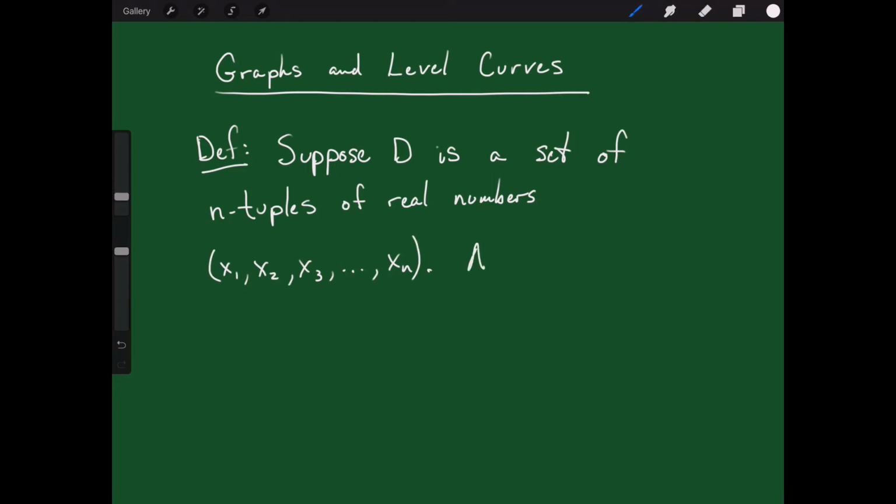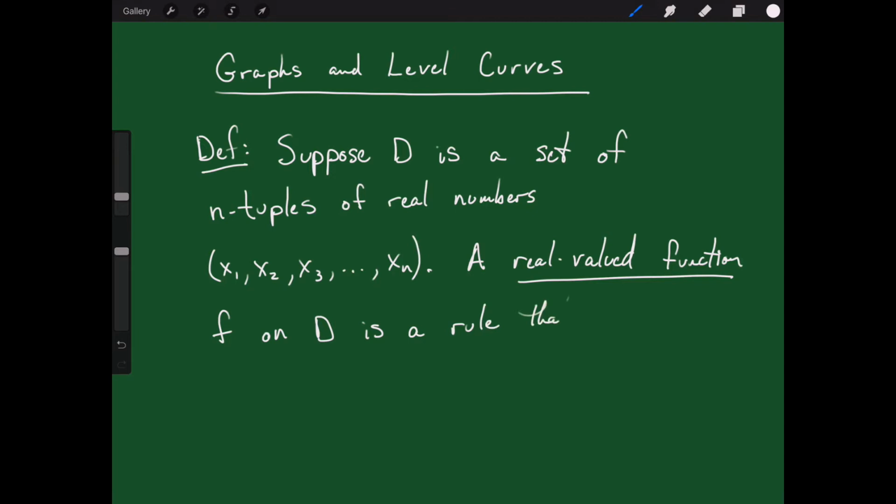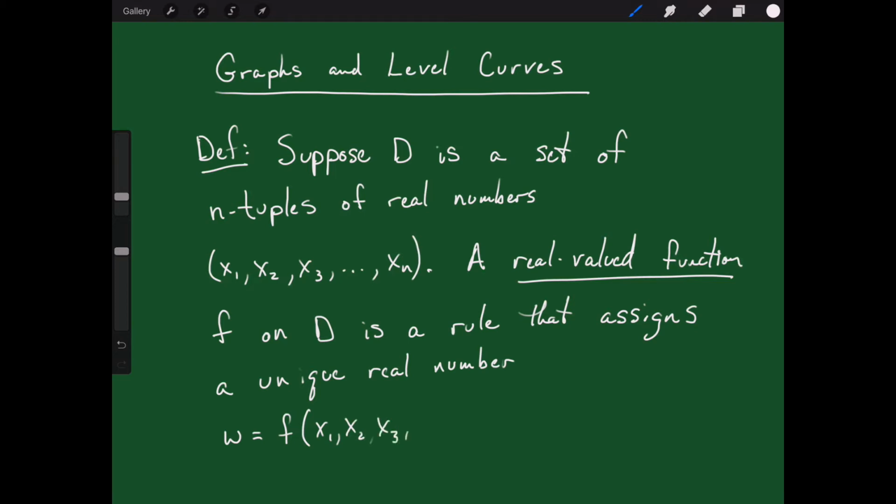A real valued function f on D is a rule that assigns a unique real number w to each of these ordered n-tuples. To each element in D.